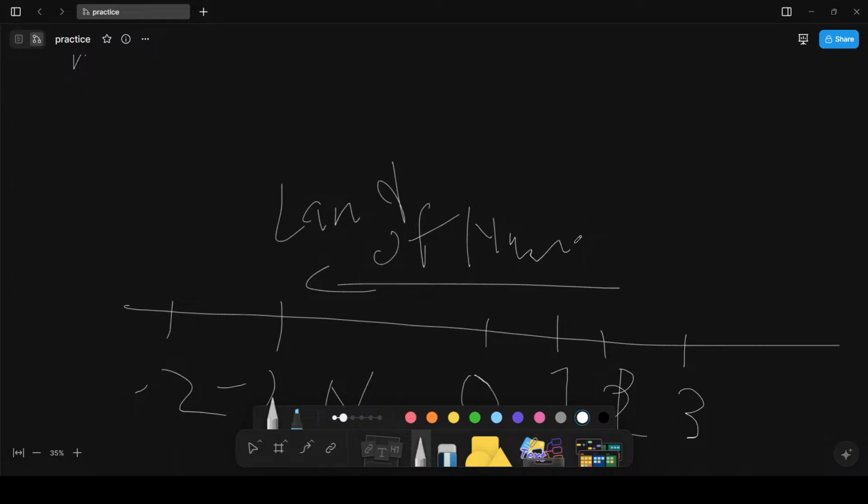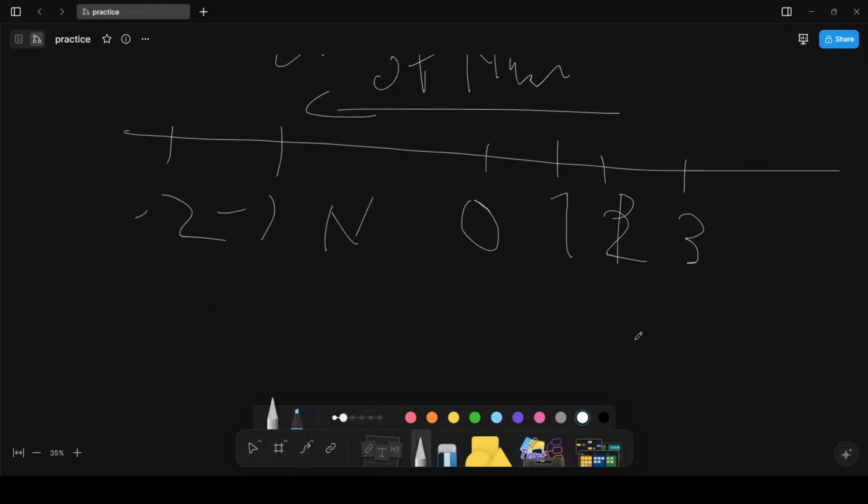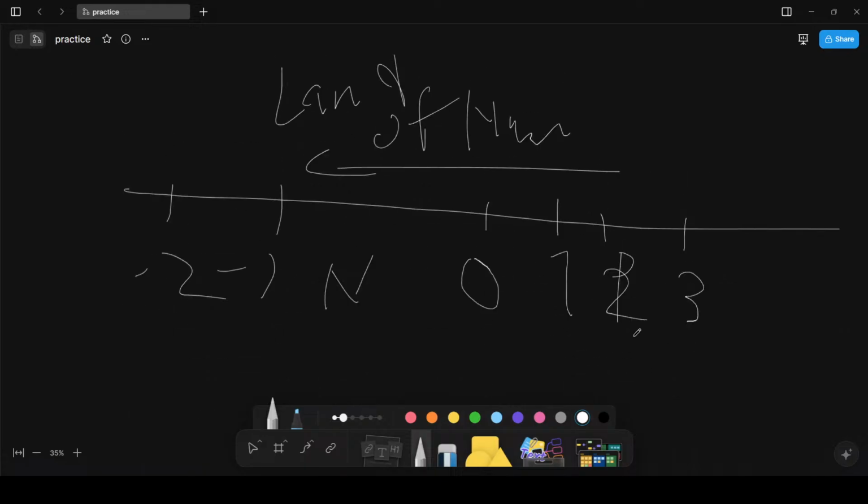Now, in this land of numbers, we can see how numbers really increase. You must remember this is infinite. It can go on forever. It can be 1 million or minus 1 million, and you can see it in this graph. I'm just showing you this graph to make it easier to see how numbers really increase and how the concept really lands.